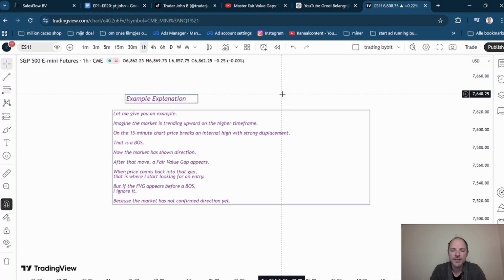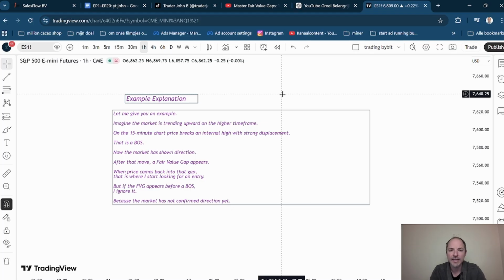Imagine that the market is trending upwards and making higher highs on a higher time frame. On the 15-minute chart, price breaks an internal high with a strong displacement. That's a break of structure. Now the market has shown direction. After that move, there should be a fair value gap formed also in the 15 minutes.